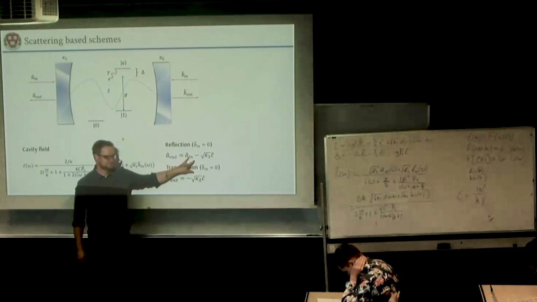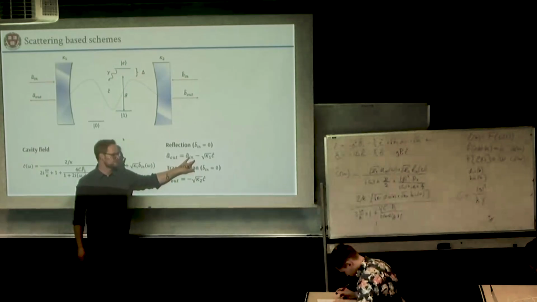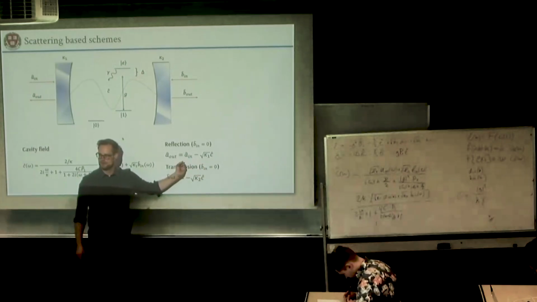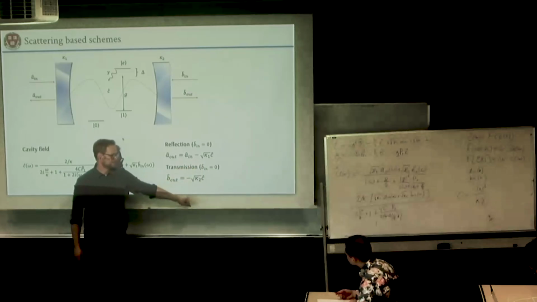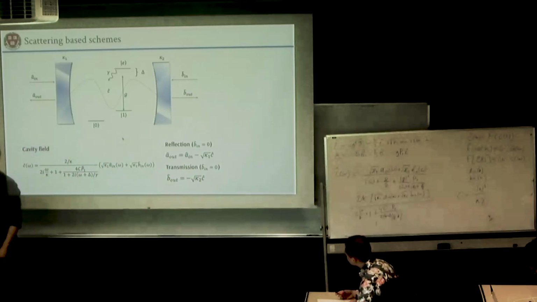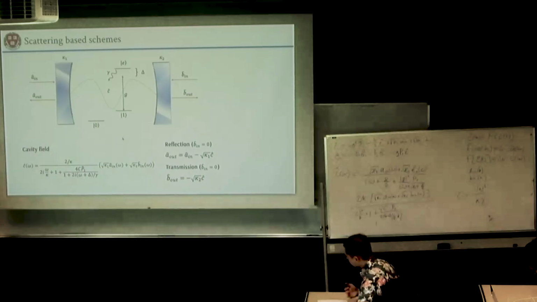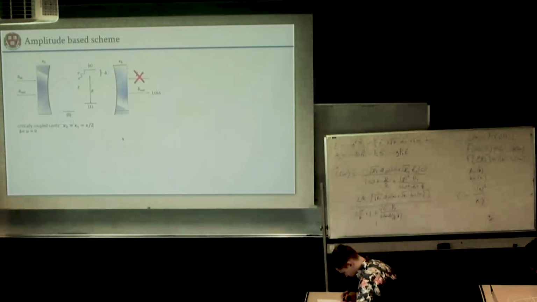You'll find that there's some constant times the input field, which will be your output field. That constant is your reflection. You'll find the same for transmission, but focus on the reflection, because transmission is just 1 minus that, squared. So my question is: what will happen if I'm in the 0 state? What will happen if I'm in the 1 state?